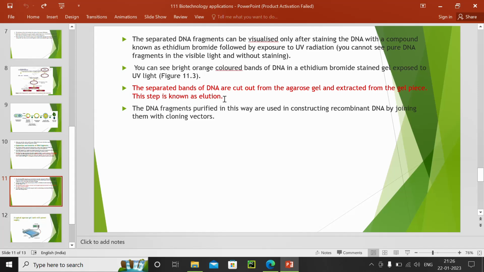They are purified by elution, and used to construct recombinant DNA by joining them with cloning vectors. Here, foreign DNA gets joined to the cloning vector with the help of sticky ends after isolation from the gel by cutting. Therefore it is called joining and cloning.